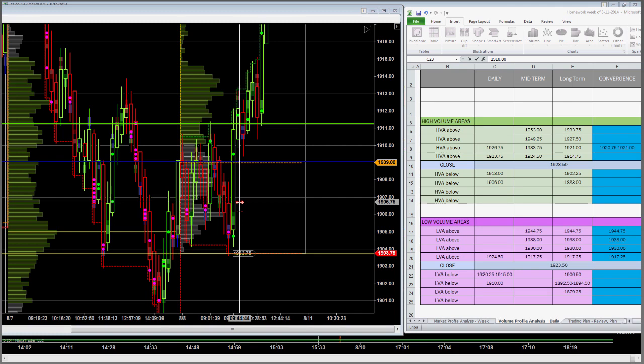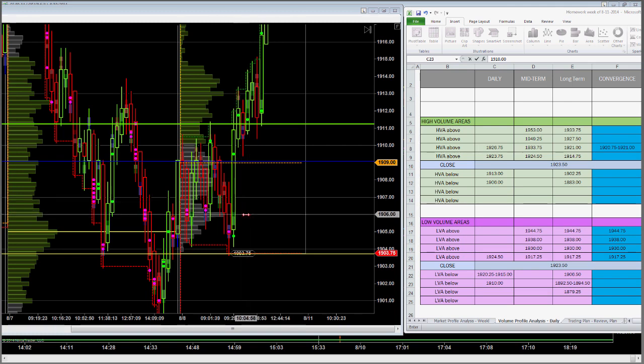And this is a general rule of thumb for me, and I have learned the hard way to objectively just sit on my hands when this happens. When I have an intraday high volume area that is sitting within 3 or 4 ticks of a longer term low volume area, I'm expecting there's a battle going on. Whoever wins this battle is likely going to win the day.